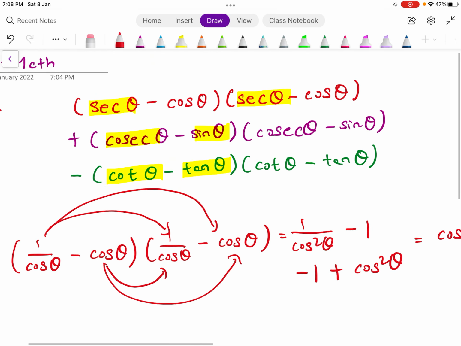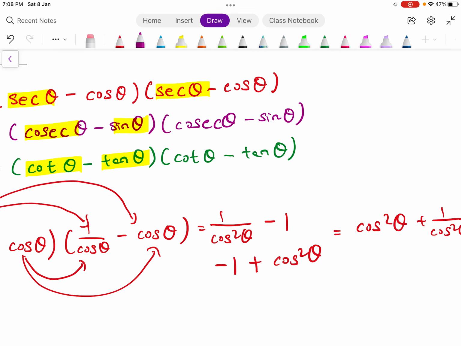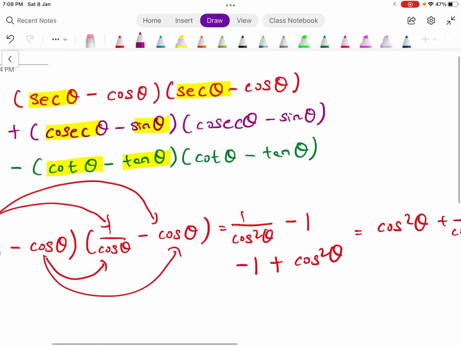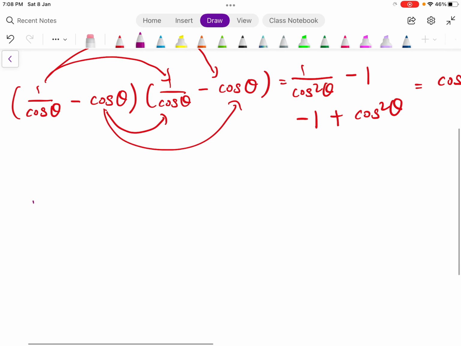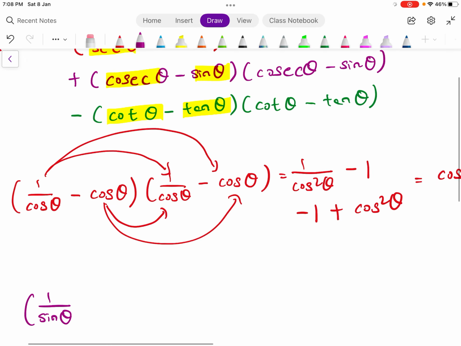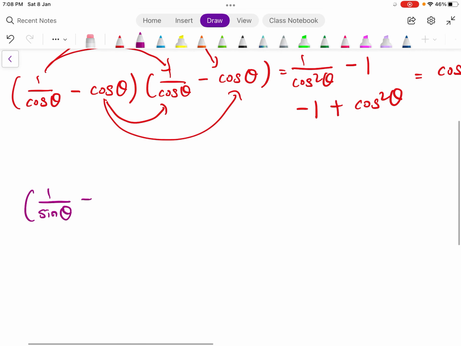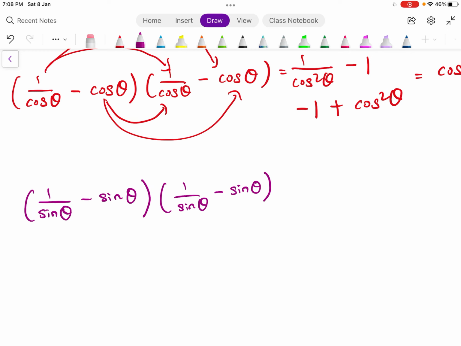The second part is quite similar to the first part. So 1 over sine theta minus sine theta, bracket square. If you do your expansion, you should get 1 over sine square theta.